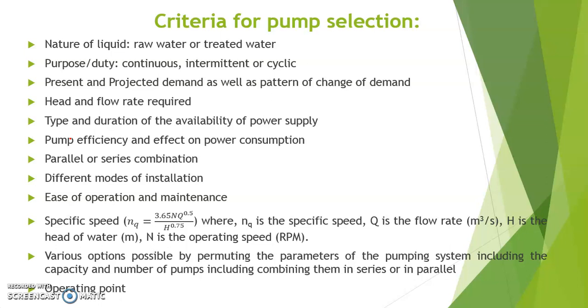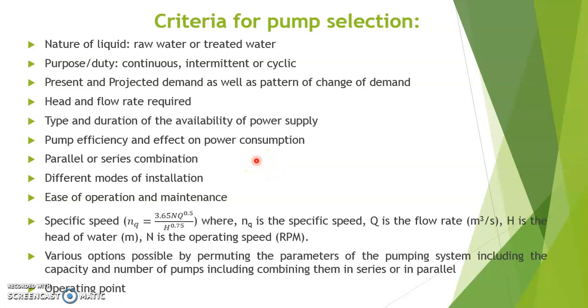Then what pressure head and what discharge we want. Then type and duration of availability of power supply. How much power we get, when power is available, at what time power is available. Then pump efficiency and effect on power consumption, how much power it is consuming. Parallel or series connection. What is parallel series connection?